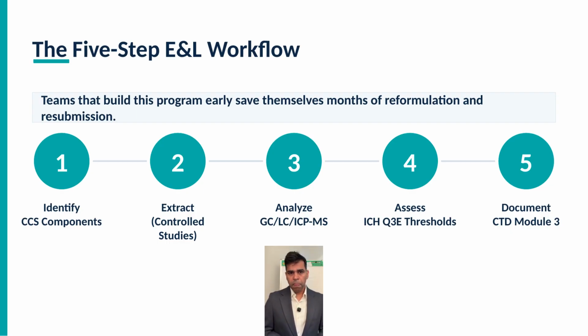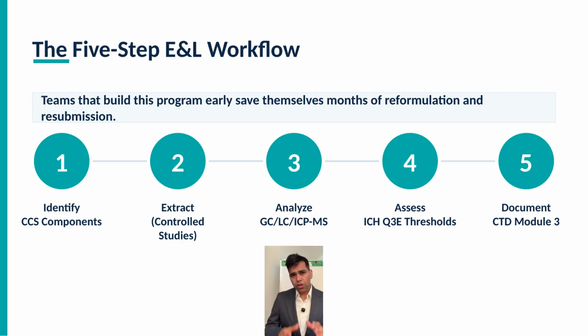And third, analyze those extracts using GC-MS, LC-MS, ICP-MS, and headspace methods to build a complete extractables profile. Fourth, assess each identified compound against ICH Q3E thresholds: the analytical evaluation threshold, the safety concern threshold, and the qualification threshold.